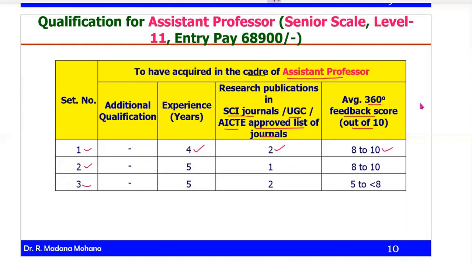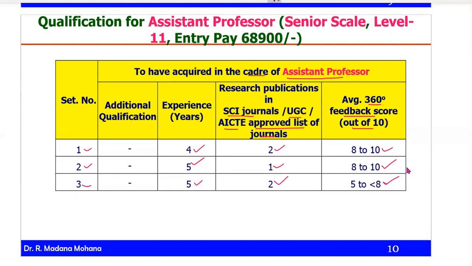Set 2, total experience 5 years. So minimum 1 publication, then the 360 degrees score average 8 to 10. Then the third set, experience 5 years, then minimum publications are 2, then the average feedback 5 to less than 8. Now here you can see if experience is more, there is some relaxation in publications, then some relaxation in feedback.